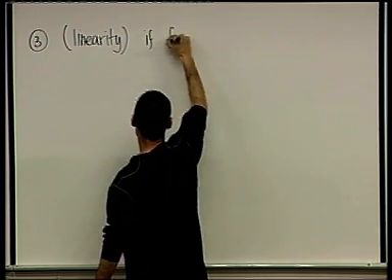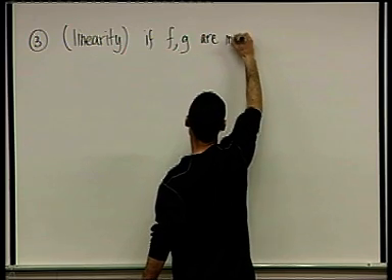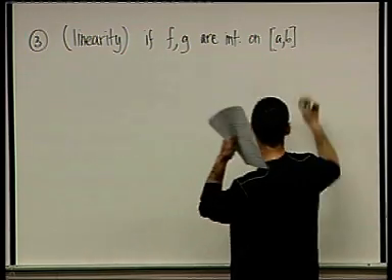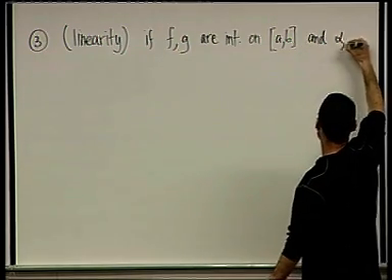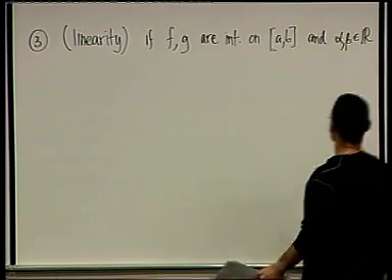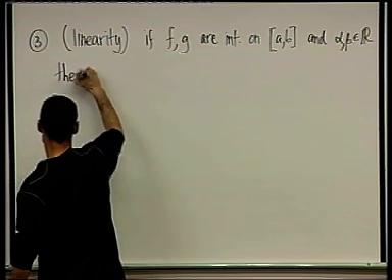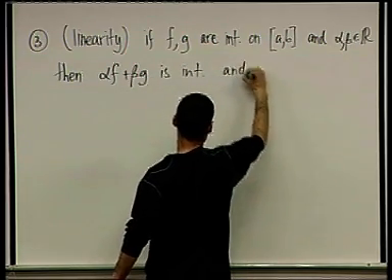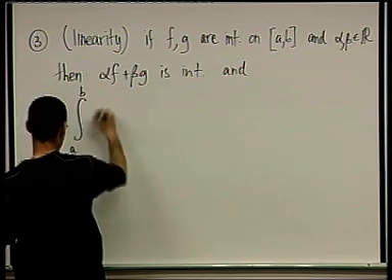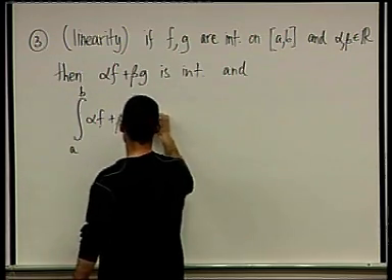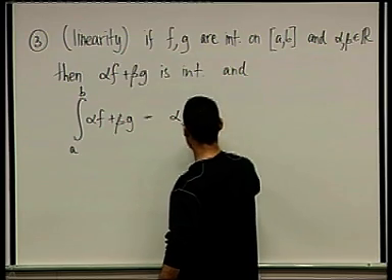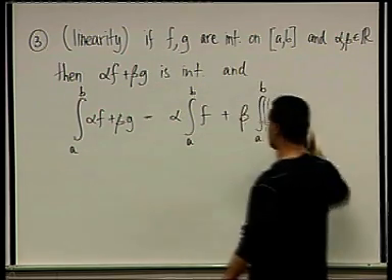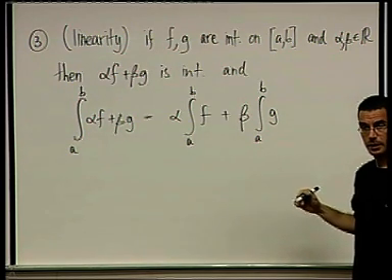If f and g are integrable on AB, if both are integrable, and take two constants, call them alpha and beta, two real numbers, then alpha f plus beta g is integrable, and the integral from A to B of alpha f plus beta g equals alpha times the integral of f from A to B plus beta times the integral of g from A to B. Okay?